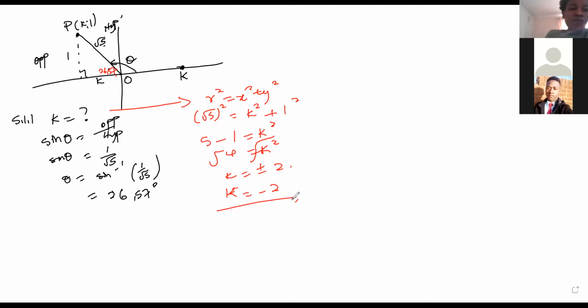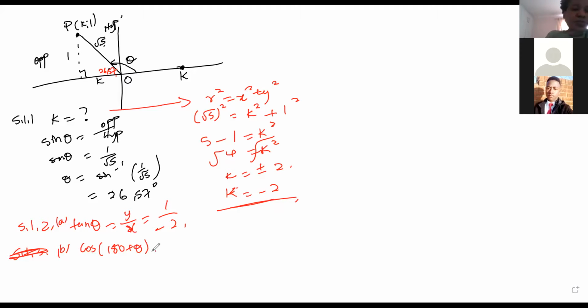Okay. Then 5.1.2. They ask you, without using a calculator, calculate the value of tan theta. So tan theta we know is opposite, which is the Y value, over adjacent, X. Our Y is 1, and our X is K, which is minus 2. Then 5.1.3, part B: without using a calculator, get the value of cos(180 plus theta).